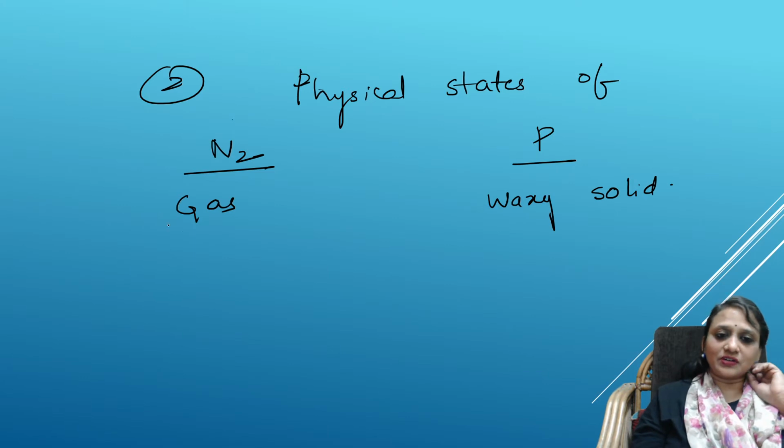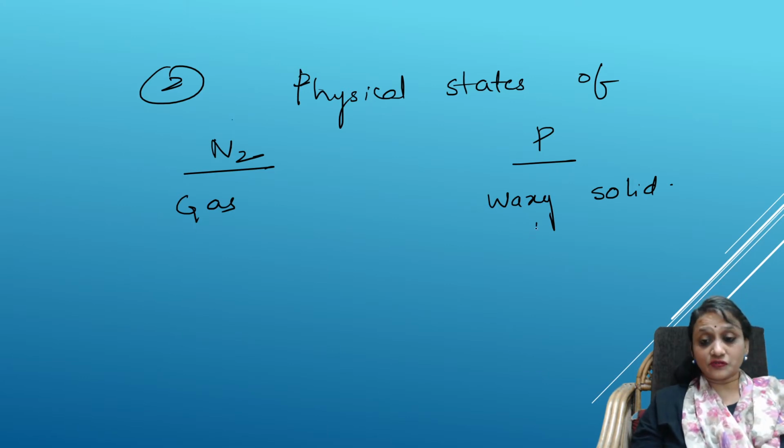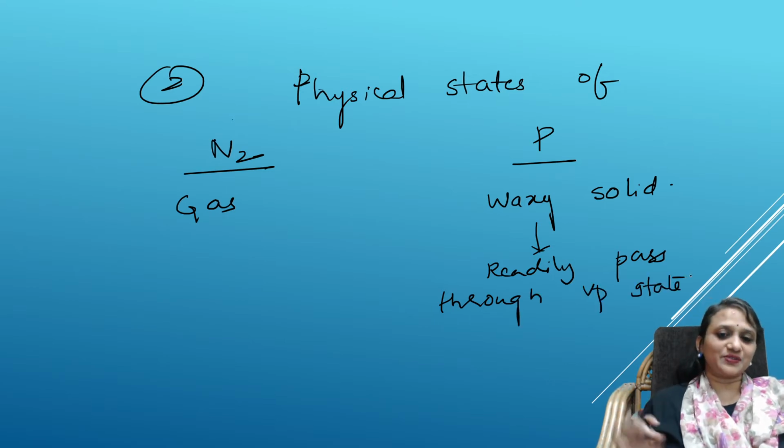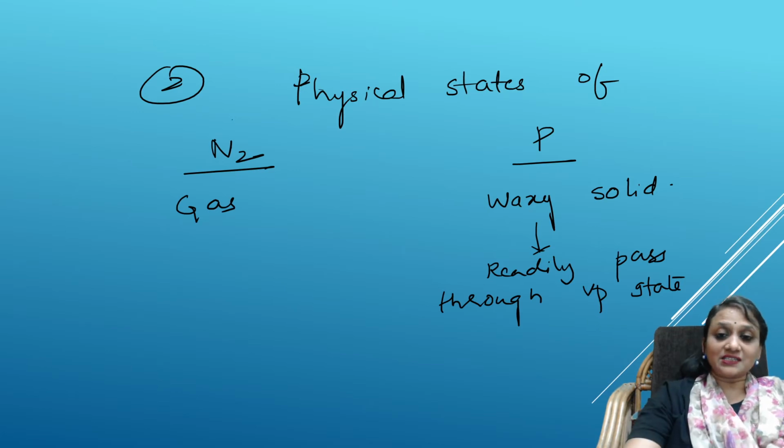Nitrogen is already a gas, but phosphorus can go to the vapor state and exist in that. Got it? This is the second question. Easy question.